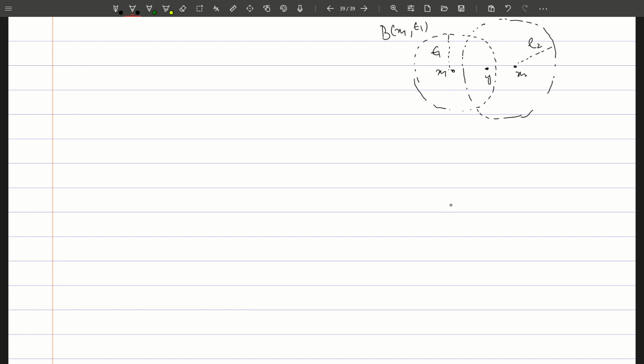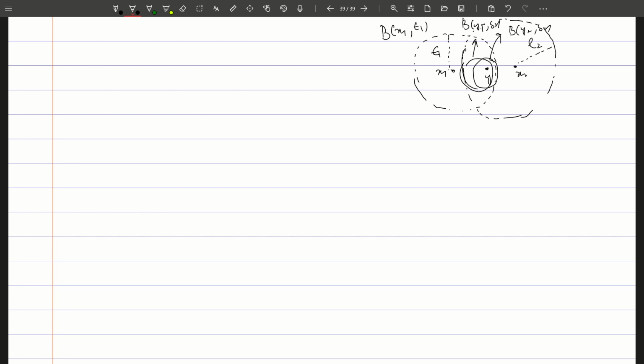So since we proved above there is some positive delta 1 and delta 2, this is the ball B(y, delta 2), and this is the ball B(y, delta 1).